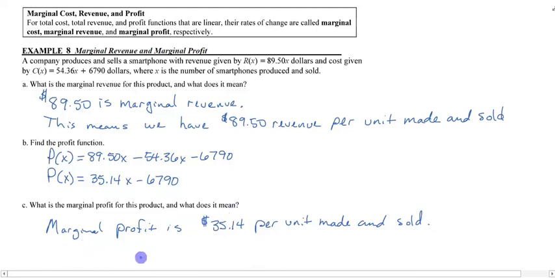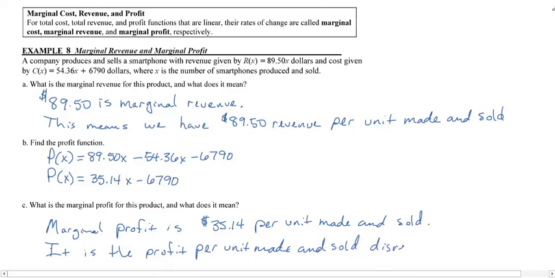That's the profit per unit made and sold, but it's disregarding those fixed costs.